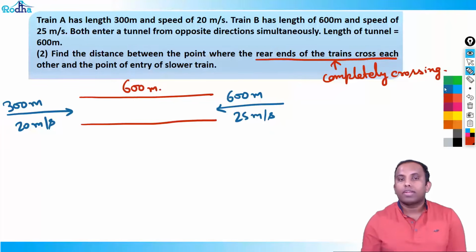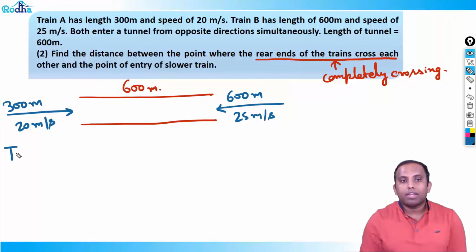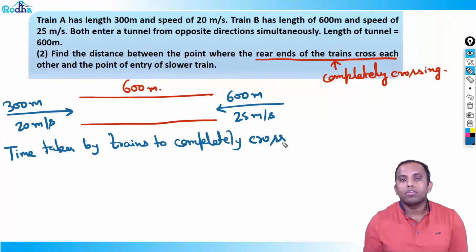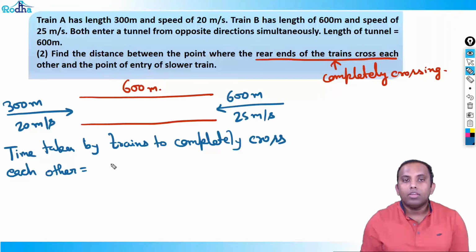Okay, so the time taken by the trains to completely cross each other is how much? Distance by relative speed.